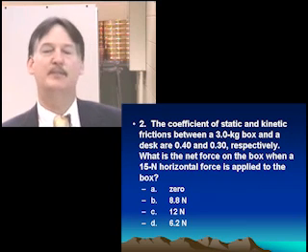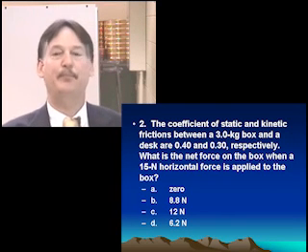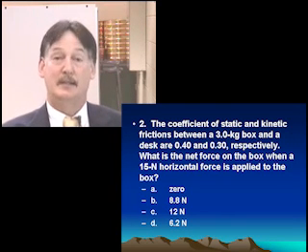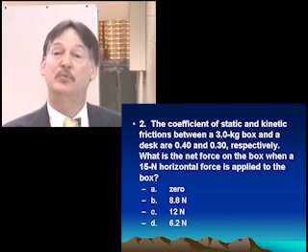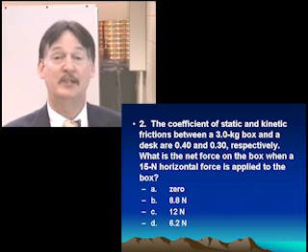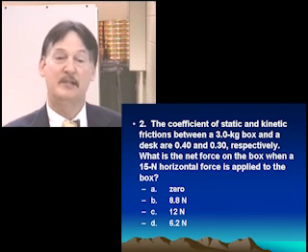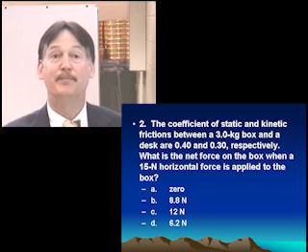The reason for that is, once it's moving, the kinetic coefficient is the one that we have to deal with. And the kinetic coefficient is 0.3. So once it's moving, the resistance is actually less than the 12 we originally calculated. In other words, the resistance is now 0.3 times approximately 30 newtons of weight. 0.3 times 30 is 9.